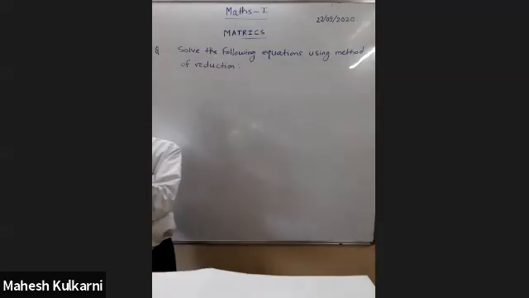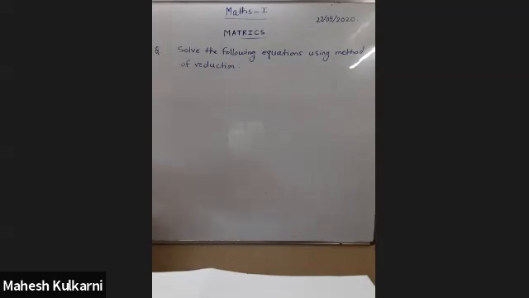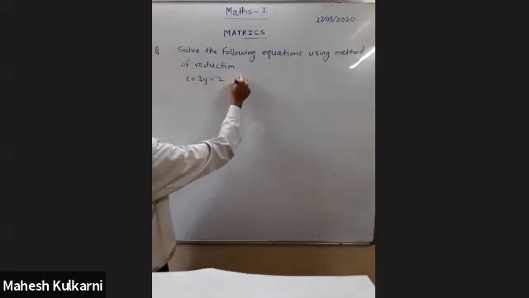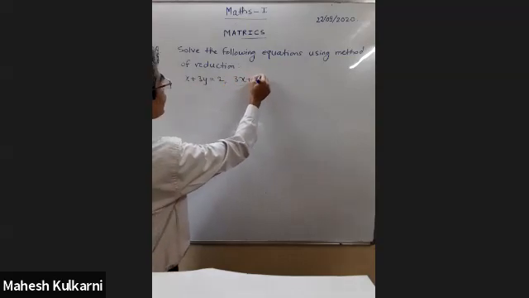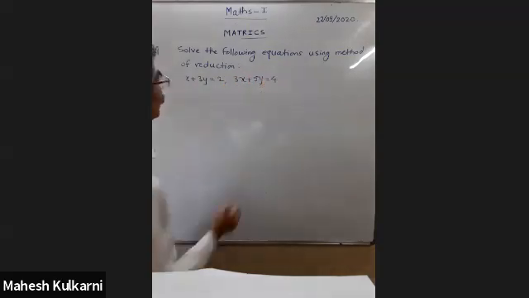Let us write the two equations. x plus 3y is equal to 2, and the second equation is 3x plus 5y equal to 4.